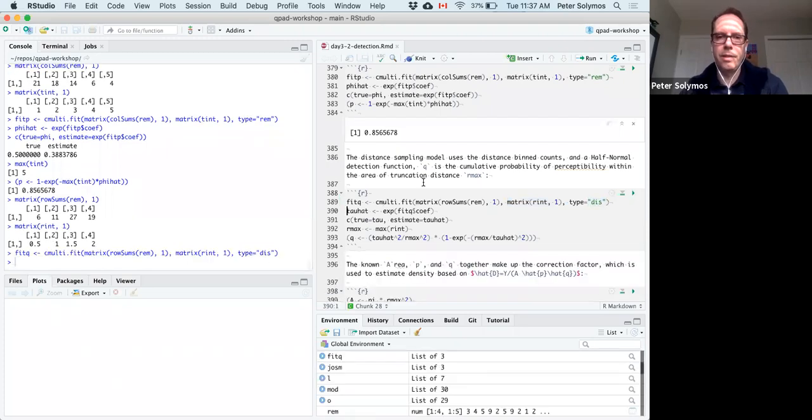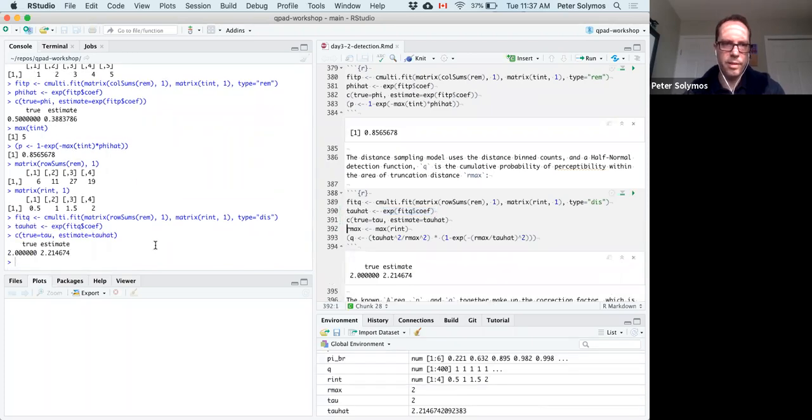So now we have this model and calculate tau hat as e to the power the intercept coefficient. And we've talked about why we use the logarithmic link for phi for removal sampling. Here tau is again a non-negative number. So we can use log transformation to model it and then back transform it using the exponentiated version. So this is tau hat.